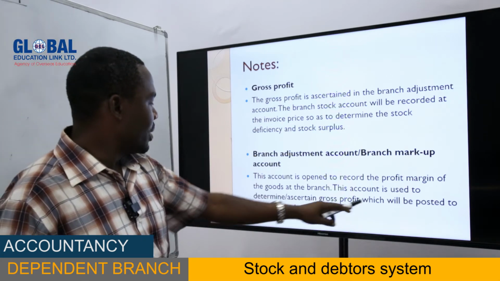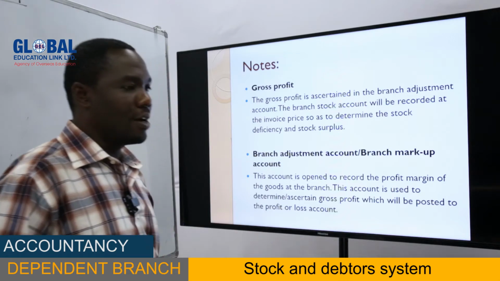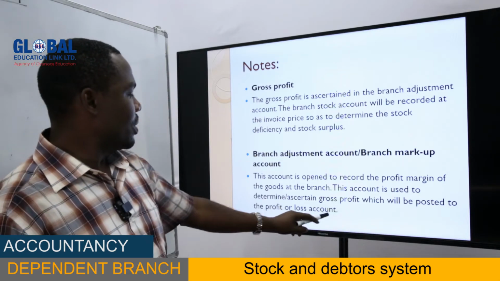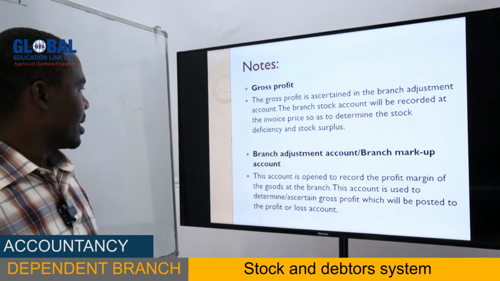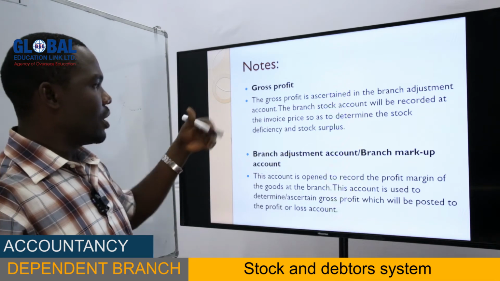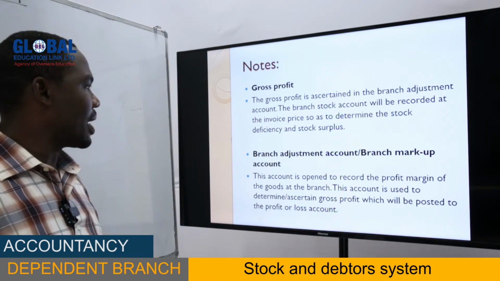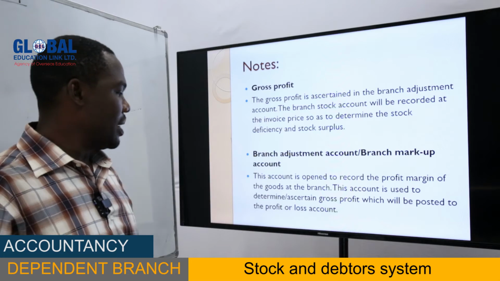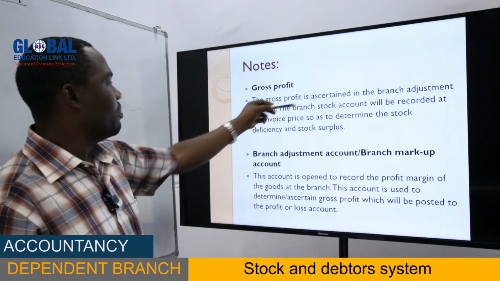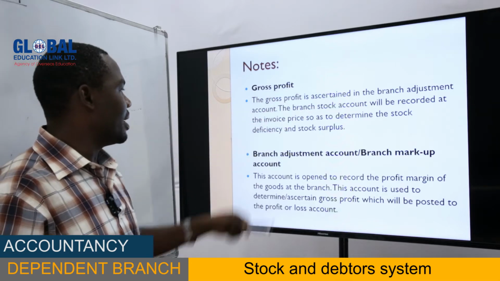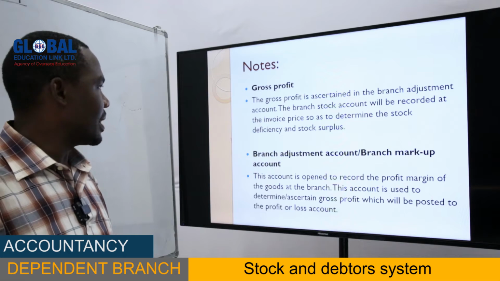So this account is used to ascertain the profit, which will now be posted to the profit and loss account. It is in this account that we now include other expenses. So the gross profit, as I've said, will not be determined in the branch stock account. Instead, it will be determined in the branch adjustment account. The main objective of the branch stock account will be only to determine stock deficiency or surplus.